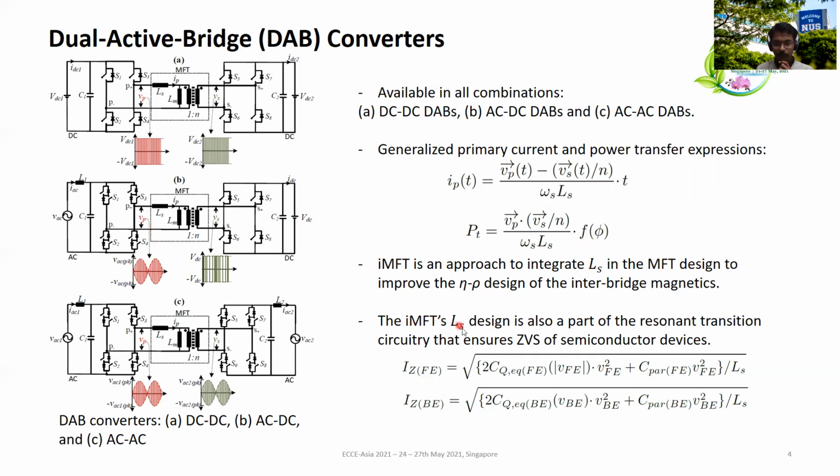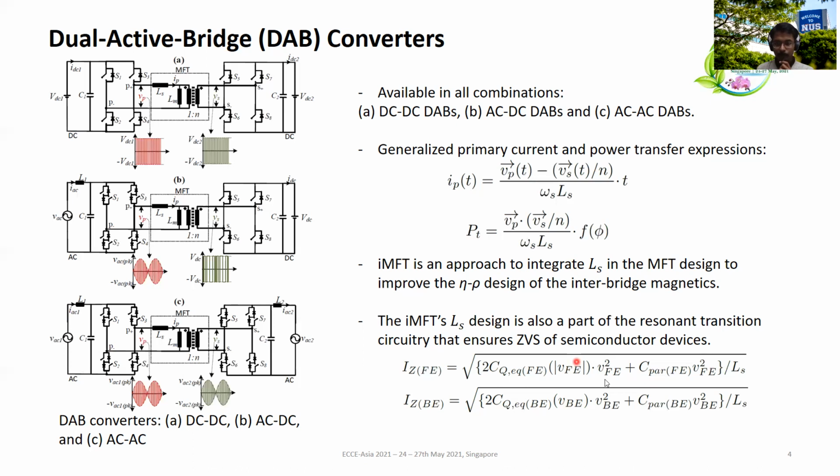The iMFT's LS design is also part of the resonant transition circuitry that ensures ZVS of the semiconductor devices on the front end and the back end, that is the FE and BE semiconductor devices. The current equations that show the minimum current required for ZVS facilitation of the front end and back end semiconductor devices are shown here and explained in detail in the paper.